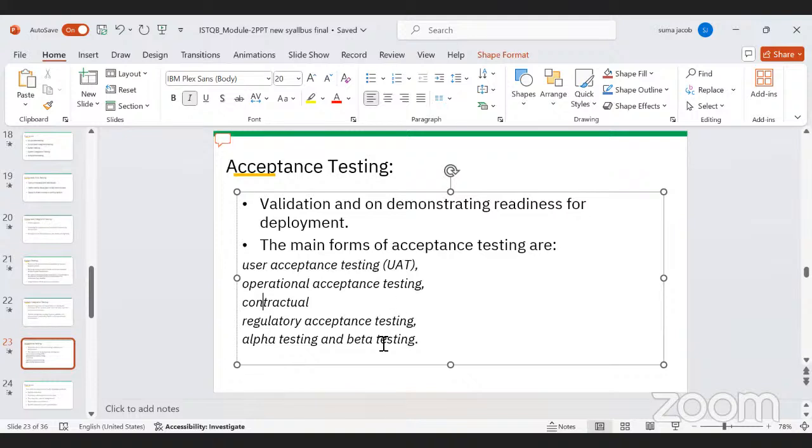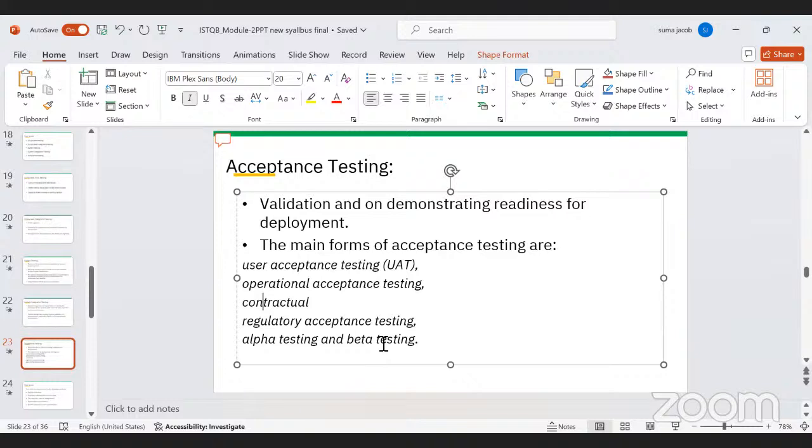Beta testing will be done by existing users or customers at an external site, outside the developer's environment. So why are we doing alpha and beta testing? Beta testing we do to get feedback from the actual users.